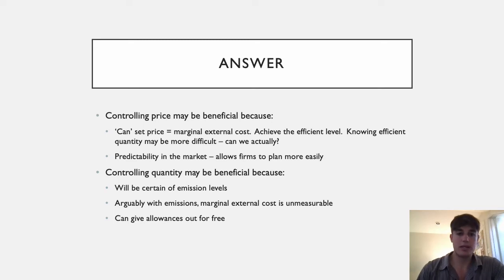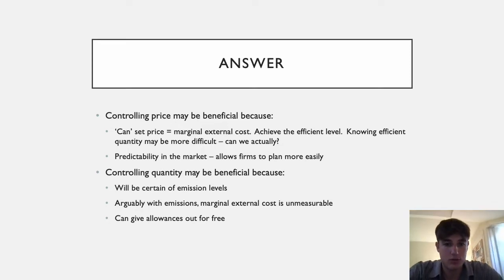Now there's also predictability in the market, and I think this is quite a major one. If you have a really varying price, as you do in the emissions trading scheme, it makes it really hard for firms to plan. So normally they'll have to do what's called hedging. They essentially buy their contract in advance, but they'll pay a fee for this, and that fee is essentially just waste due to risk.